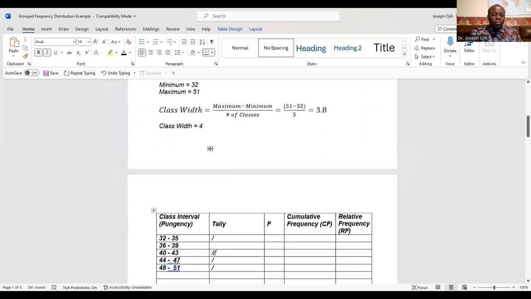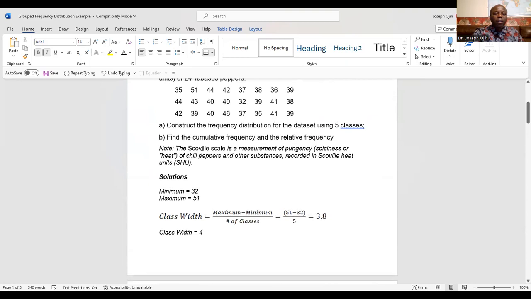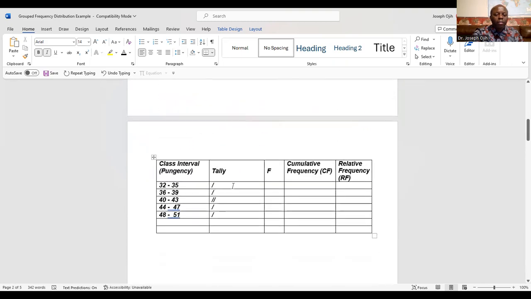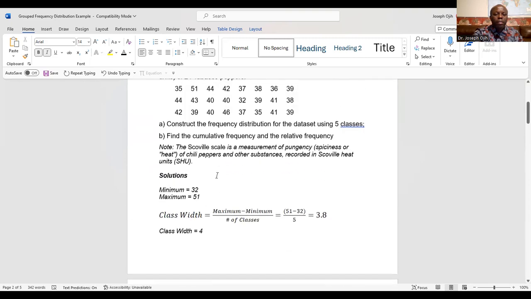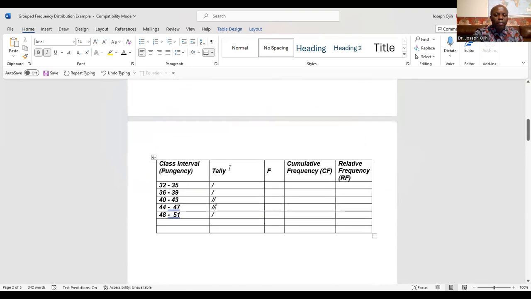39 will be right here, because it's the 36 to 39 group. 44 will be in this group. 40, there are two of them, 40, 40, so it's going to be right here in 40 to 43.